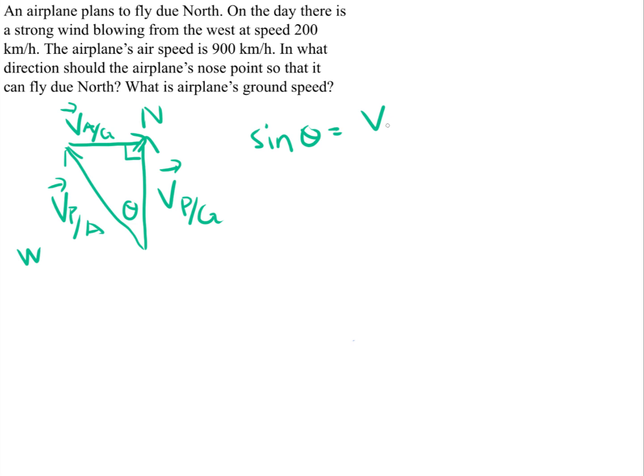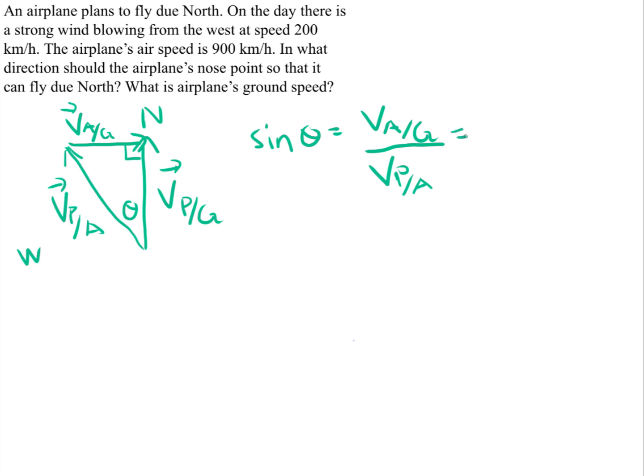So, from trigonometry, we can say that the sine of this angle theta is equal to the magnitude of the velocity of the air with respect to the ground, so the speed of the wind blowing from the west, divided by the magnitude of the velocity of the plane with respect to the air. This is simply the plane's airspeed, which is measured from the air.